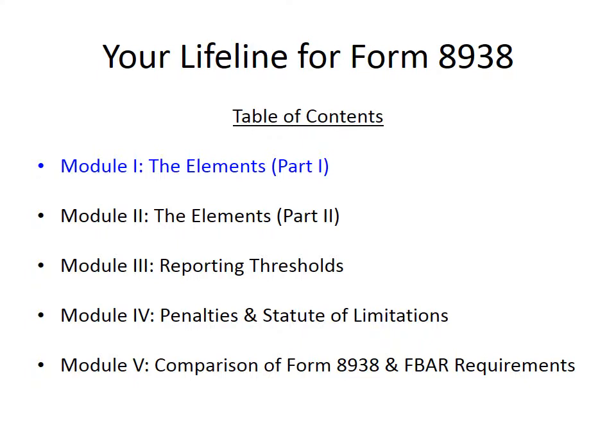Now, Form 8938 is probably one of the more confusing international reporting forms that we have. And once a person gets a general understanding of Form 8938, it's very easy to confuse the requirements and the definitions of the elements of that rule with the FBAR requirements.